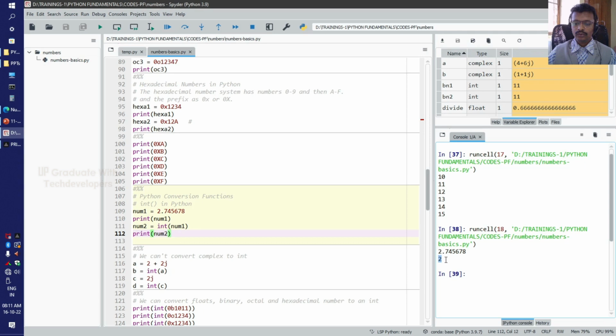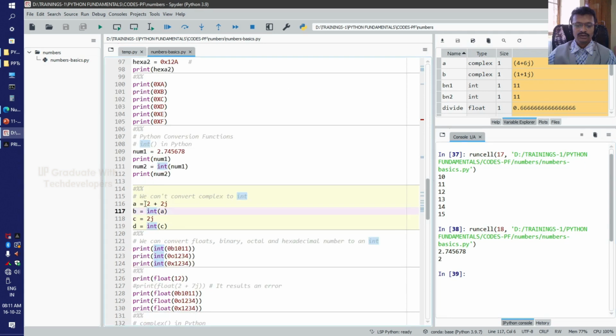We cannot convert a complex number to an integer value. If we try to convert a complex number to an integer value, we will get an error. For example, here a is equal to 2 plus 2j. If we try to convert this complex number to an integer value, we will get an error.